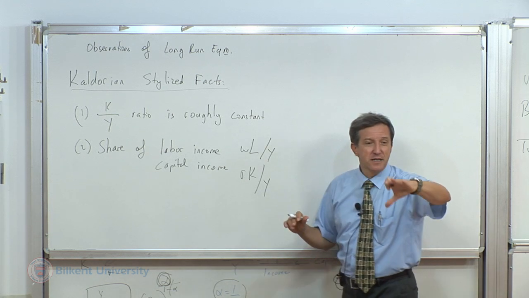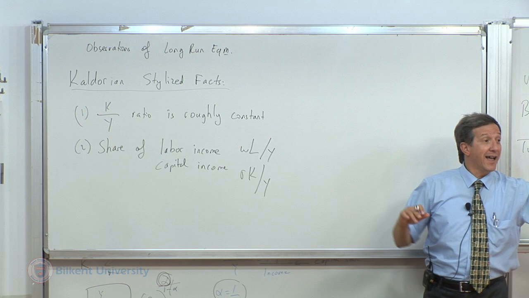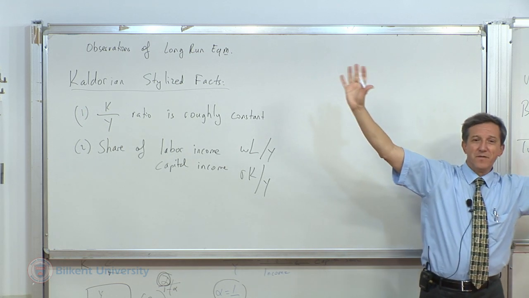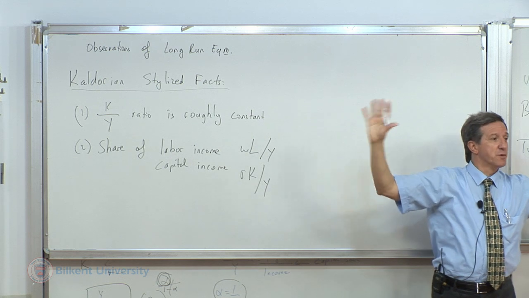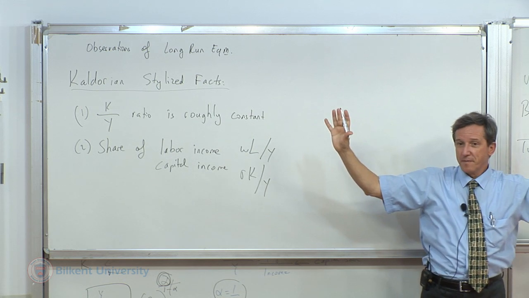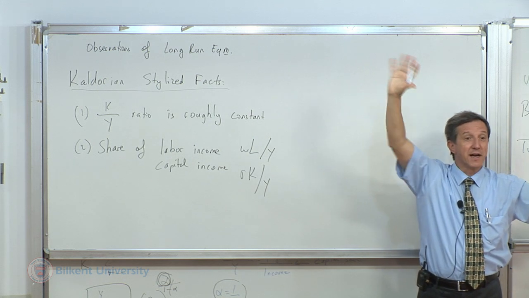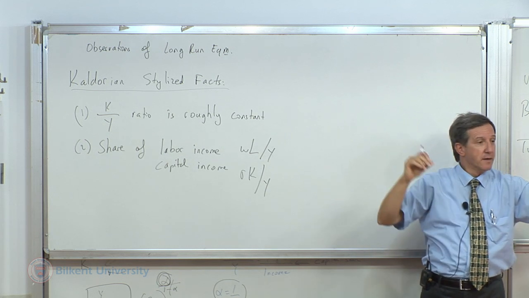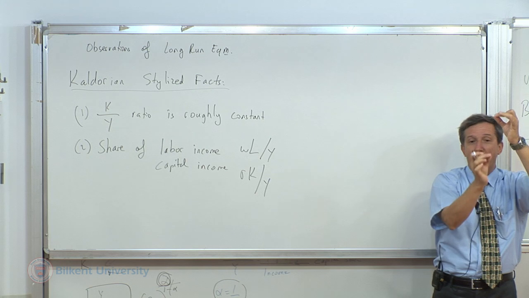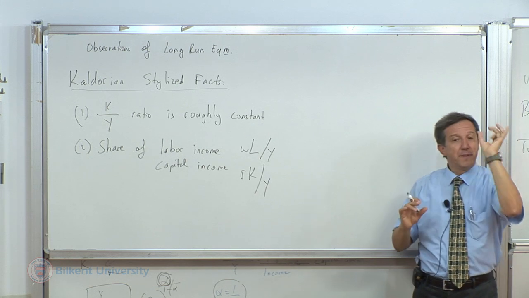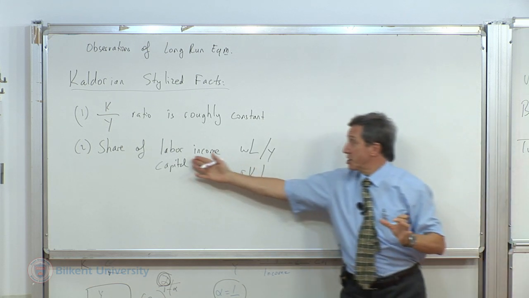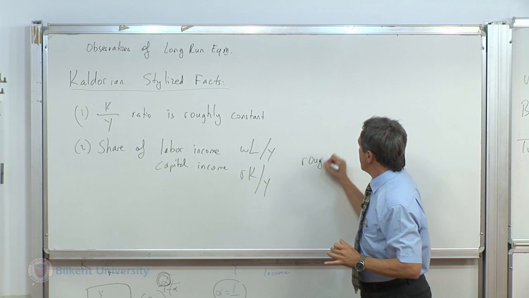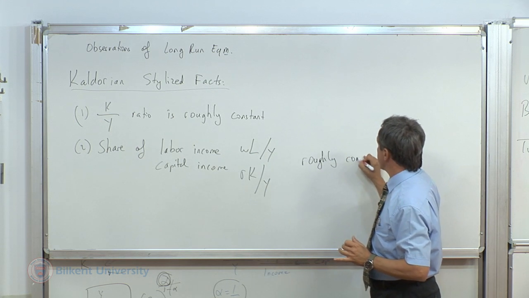Factor income shares, roughly constant. And all of a sudden, you say, yippee, we are eligible to use the Cobb-Douglas function. Because K to the alpha, alpha is the share of capital income, 1 minus alpha. They are parameters. They are not subject to t or i or j or k. Parameters are parameters. Share of labor income and capital income had been roughly constant.